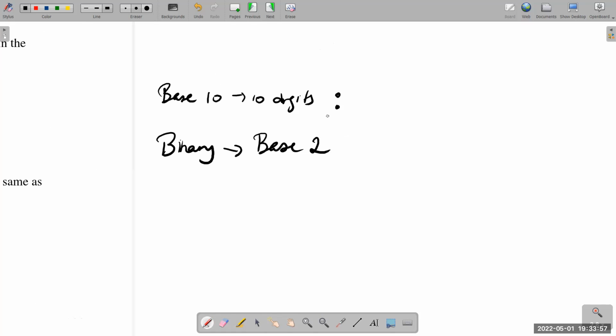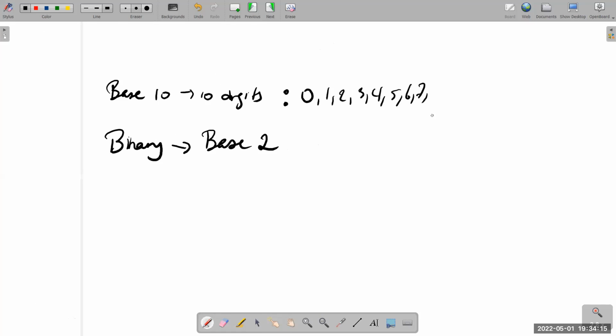What's the first digit we use? Before 1, we don't use a digit before 1. So the 10 digits that we use are 0, 1, 2, 3, 4, 5, 6, 7, 8, and 9. That's how we put numbers together. And after 9, we put a 10, an 11, a 12. That's how we build our numbers in base 10.